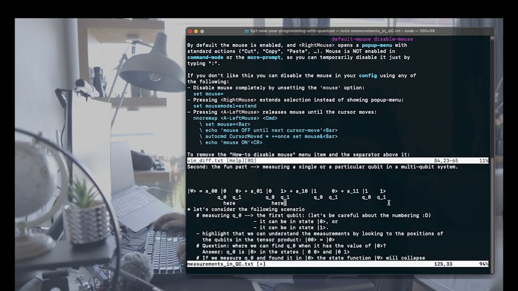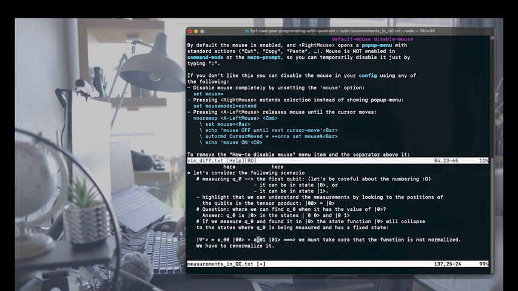Hence we will have a state psi prime, which will equal A00 times ket 00 plus A01 times ket 01.